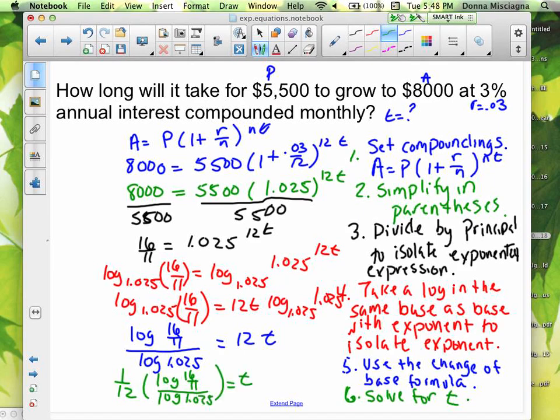But if you told someone that's how long something's going to take, they'll think you're crazy. So let's change that to a number that's a little easier to talk about. So that would be log of 16 divided by 11, and we'll take that number and divide by log of 1.025, and we'll take that number and divide by 12. Because that was compounded, it was 1/12.